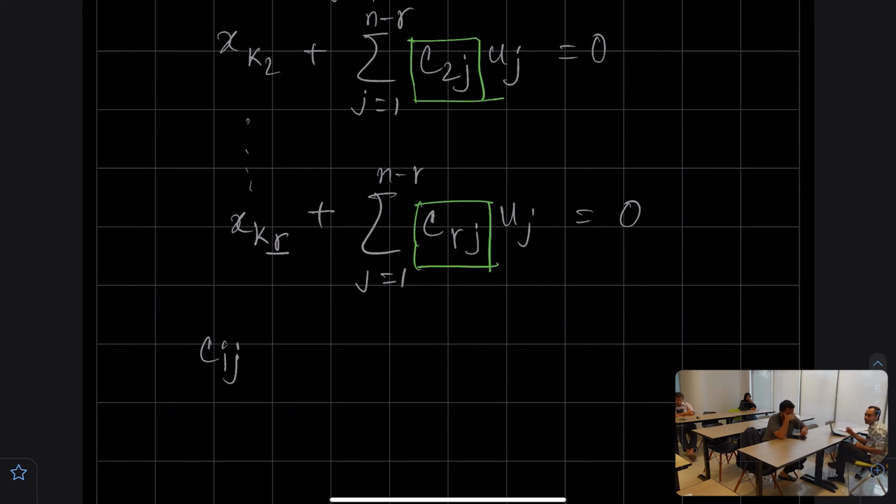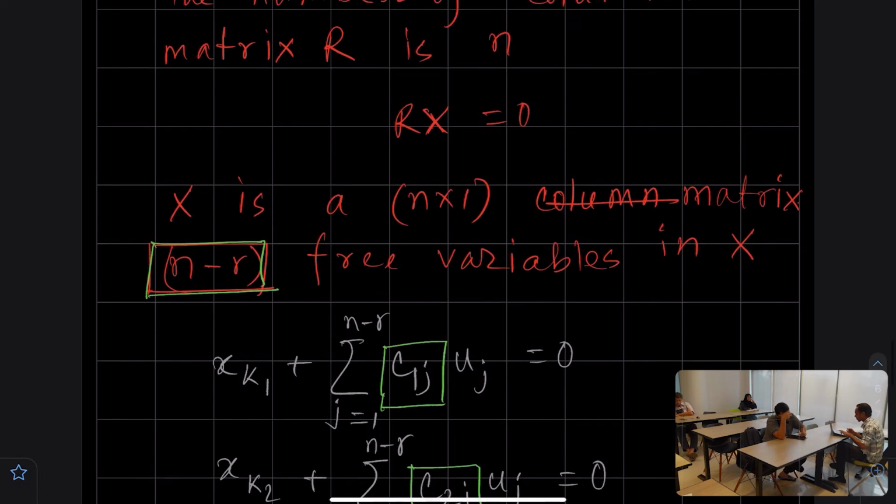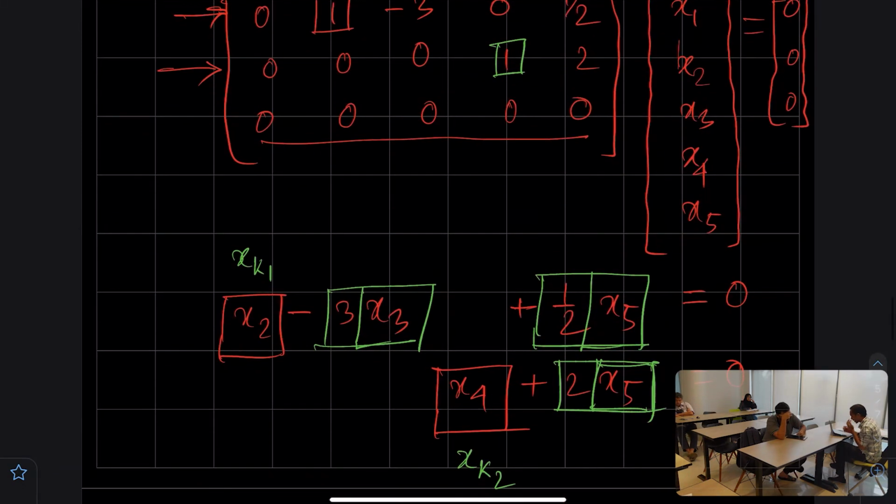These coefficients are not the coefficients of the matrix R, but we can read off the coefficients cij from the matrix R. From the example, you can see this is a cij, this is also a cij, this is also a cij, right?